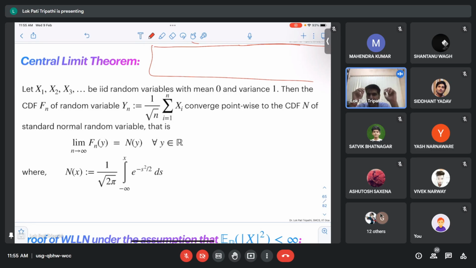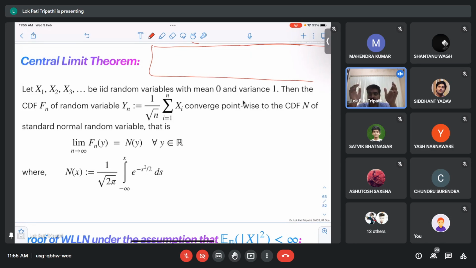Once you have that, you might be interested in the distribution of the limit of that sample mean. That question can be answered with the help of the central limit theorem.